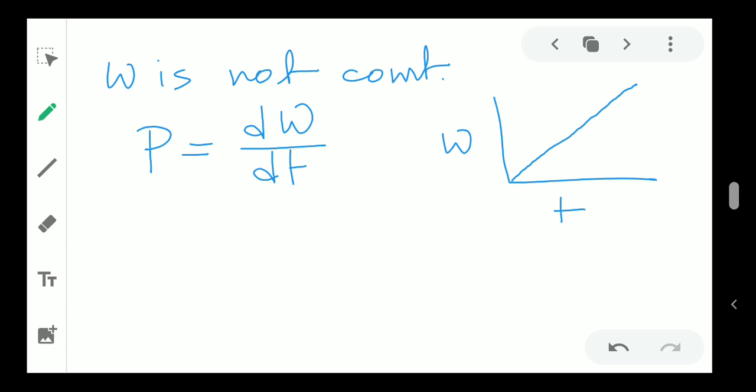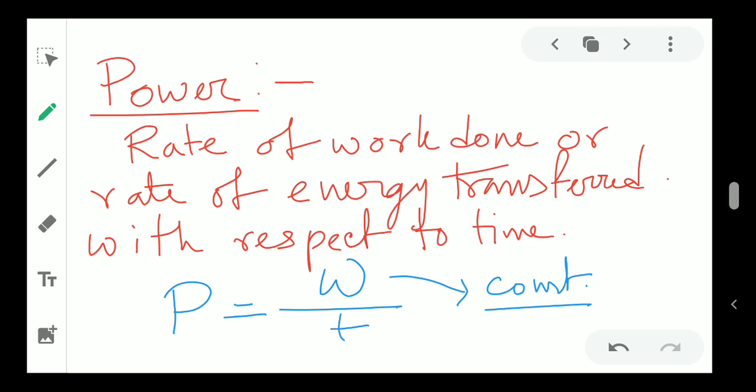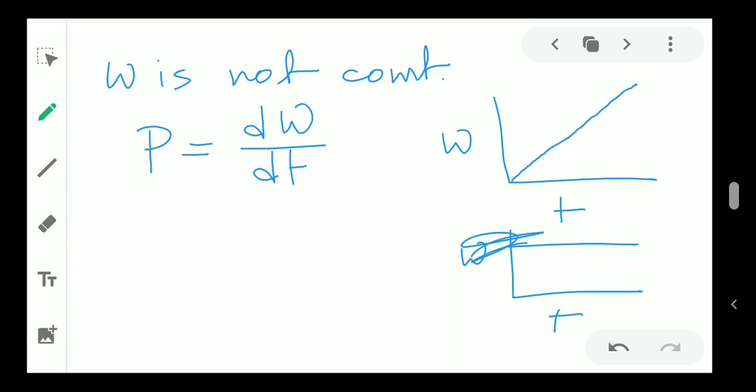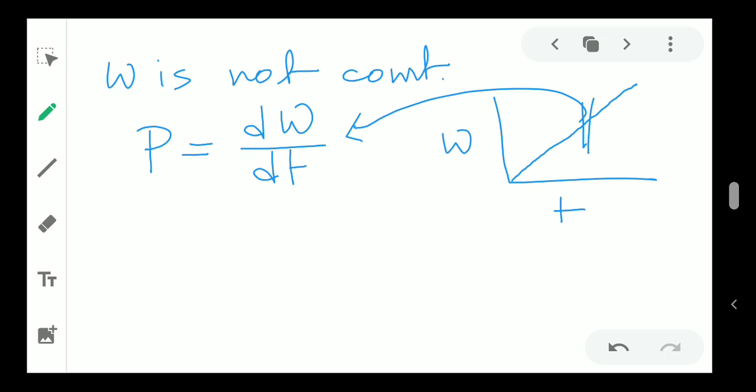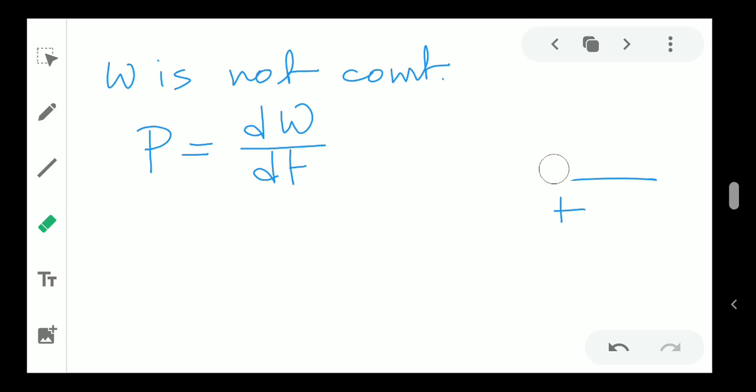So in that case you will get something like this curve, and you see that here W is not constant, right? In this kind of graph W is constant, and you can use this formula directly. But in case of the graph above, you cannot use that formula. So we have to take a very small portion and talk about that only. So in this case we can see that the power is dW by dt.